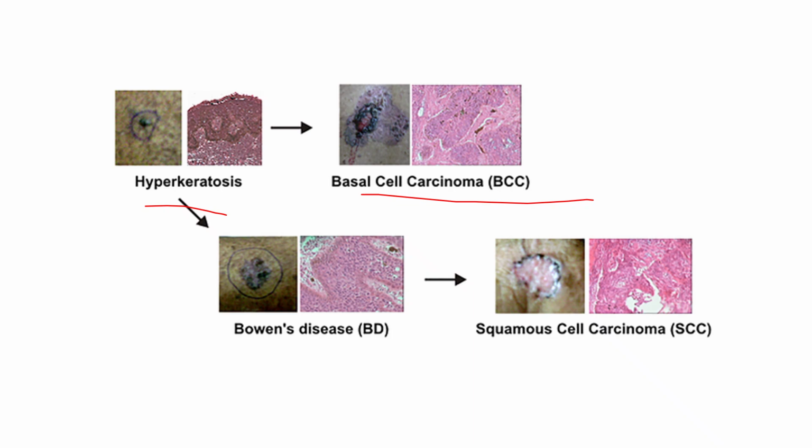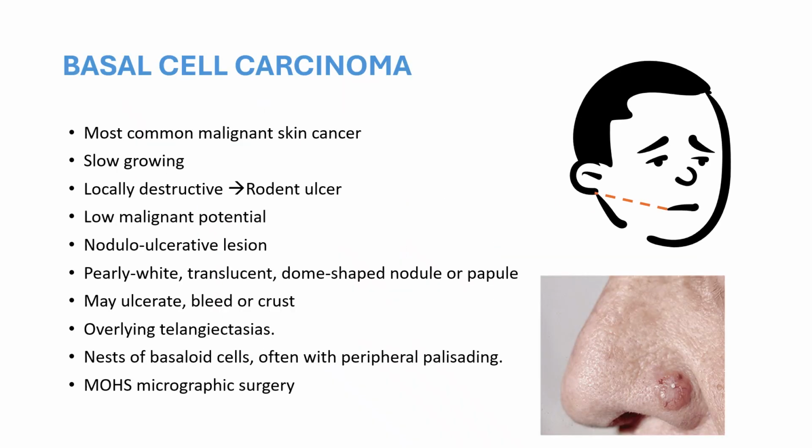Or sometimes they can go on to some in situ cancers like Bowen disease, which is also considered as the precursor lesion of squamous cell carcinoma, and finally they can go on to a full-blown squamous cell carcinoma. Under histopathology, you always see keratin pearls. That is a characteristic finding that you see in a histopathology slide of squamous cell carcinoma.